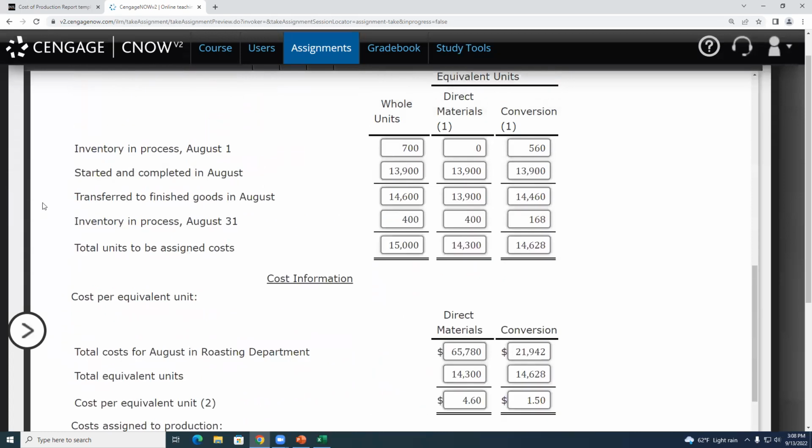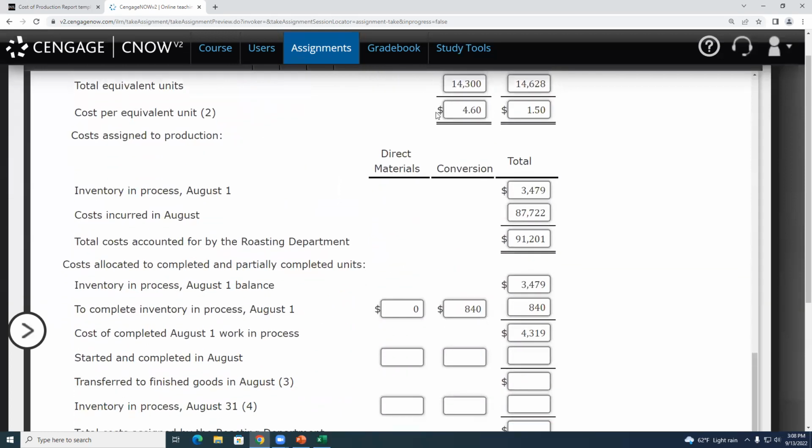Started and completed. Again, we go up to step 2 here. Started and completed 13,900 units. We incurred all the direct materials and all of the conversion costs. We have the cost per unit right here at the end of step 2. So we take the units multiply by the cost per unit for direct materials.